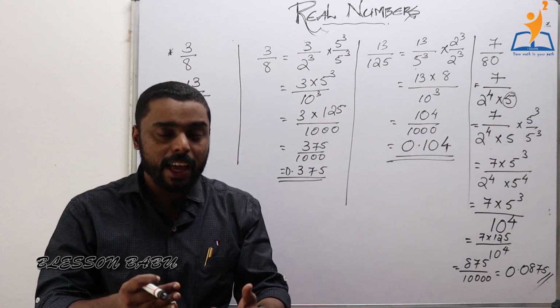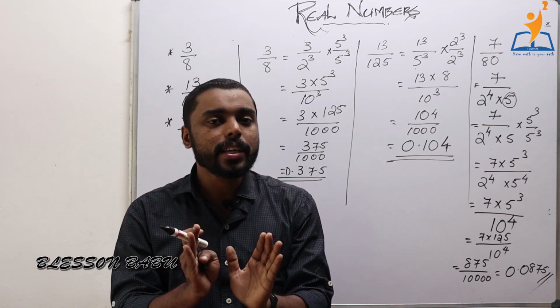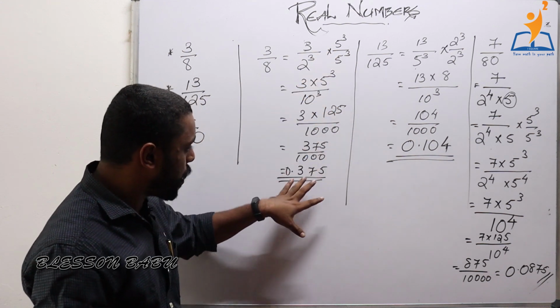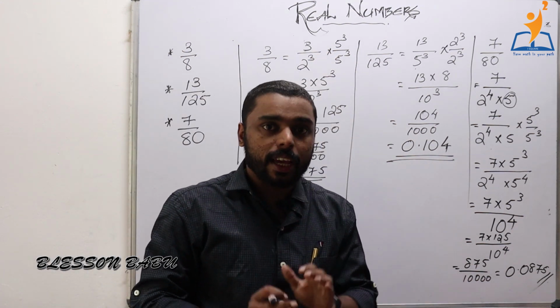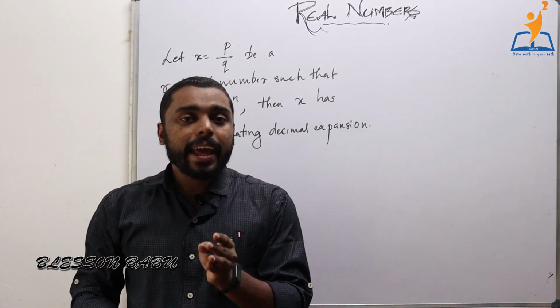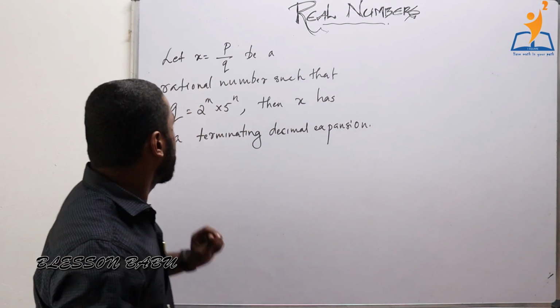That is, in general, whenever the denominator is of the form 2 raised to m into 5 raised to n, the decimal expansion will be a terminating decimal number. So we can write this also as a result, and the result can be stated like this.